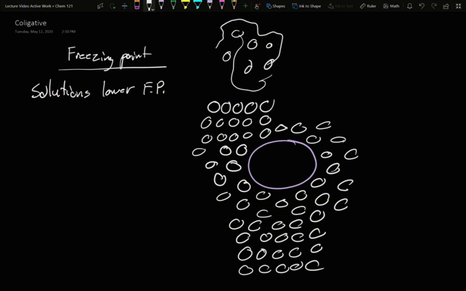Now this only works so well. If you've lived somewhere where it can get really cold, you may have noticed that salting the path at some point just doesn't work anymore. If it is cold enough, despite having lots of salt, it will still freeze, because there's an equation for it. The change in the temperature of freezing is equal to a constant of freezing, Kf, times the concentration. The constant is unique to every liquid.